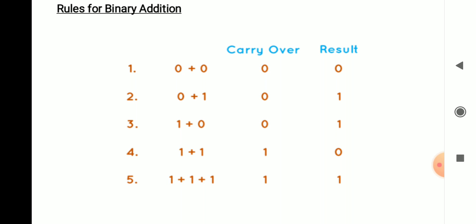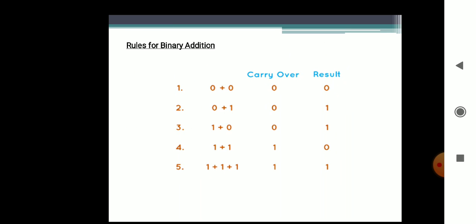Here 0 is the result of addition and 1 is the carryover. The fifth case is when we add 1 plus 1 plus 1, we get the result as 1 and again a carryover 1. So we must remember all these binary rules to perform binary addition of numbers.